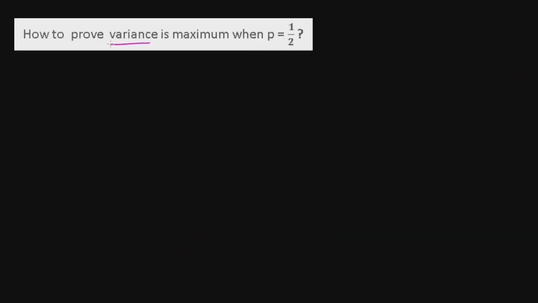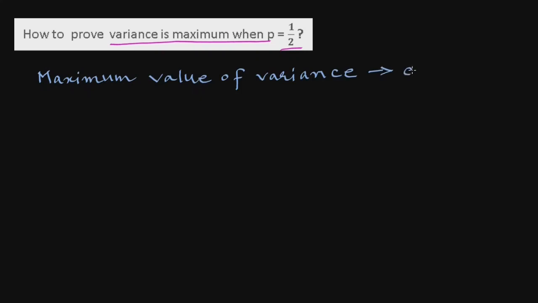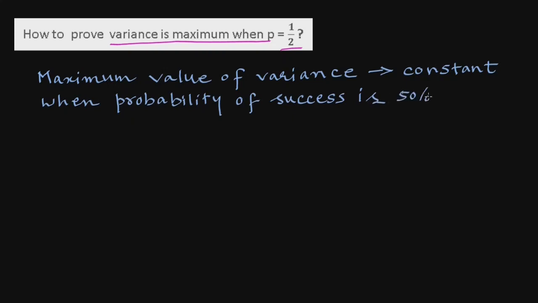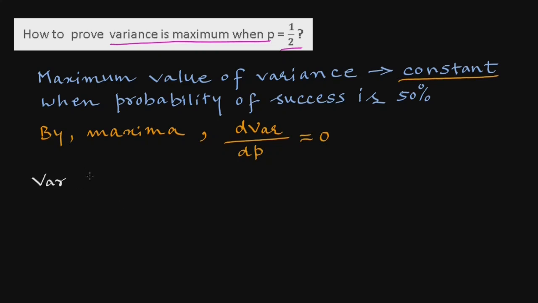We have to prove variance is maximum when p is half, which means that the maximum value of variance is constant or fixed when the probability of success is half or 50%. So, by the concept of maxima, the derivative of variance with respect to p will be 0. Now, variance is np into q, and q is 1 minus p, which is np minus np square.